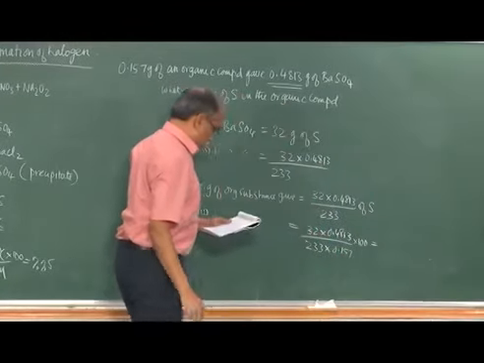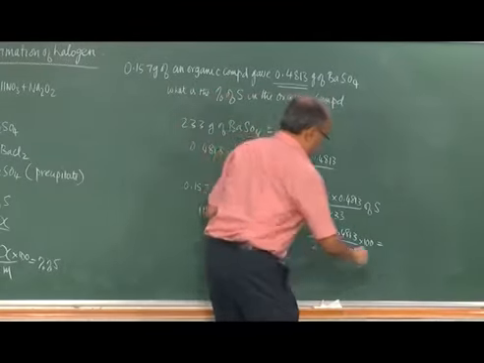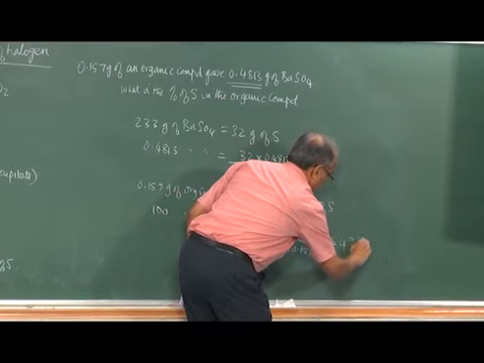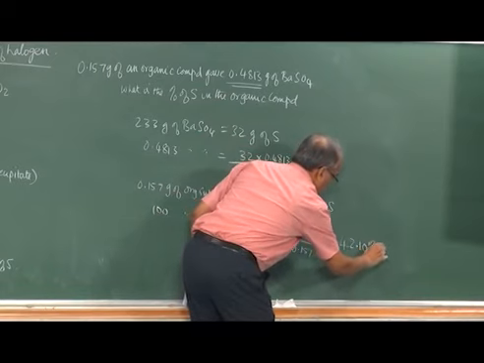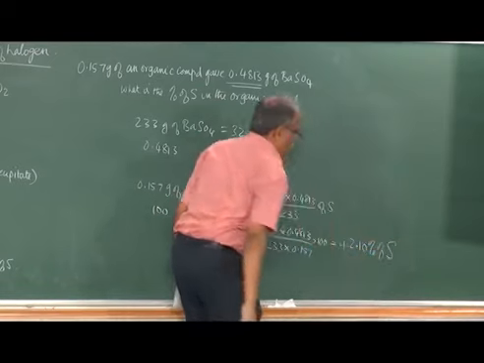If you work this out, it corresponds to about 42.10% of sulphur being present in the organic compound.